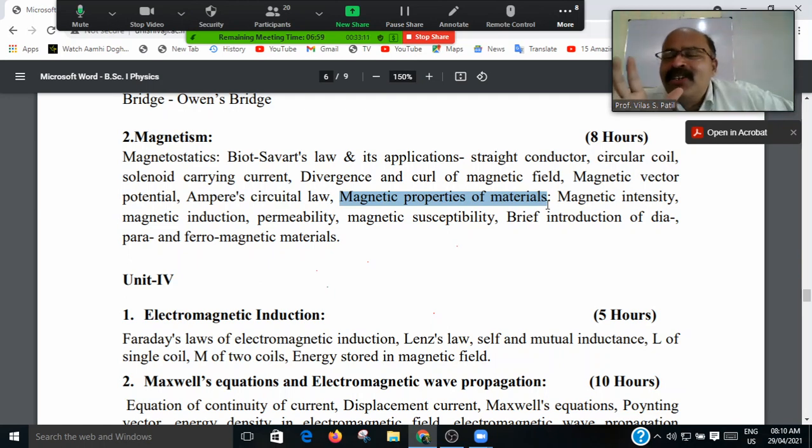Even if it is placed in a strong magnetic field, or if we increase the strength of the magnetic field, it again does not magnetize. That is known as a diamagnetic material. The ferromagnetic material shows magnetic behavior, while the diamagnetic material does not show magnetic behavior.